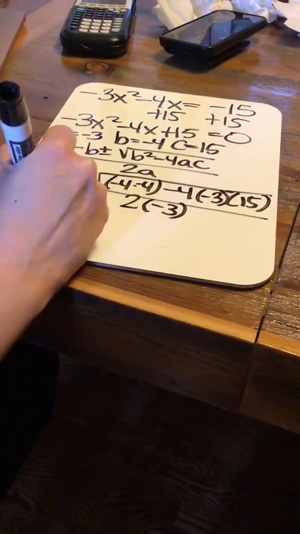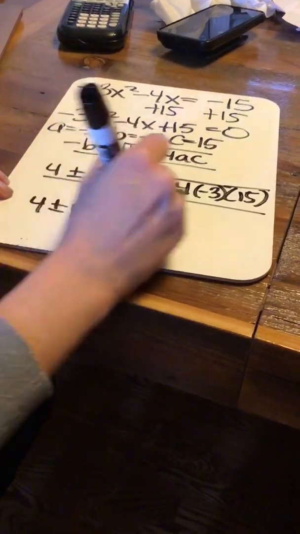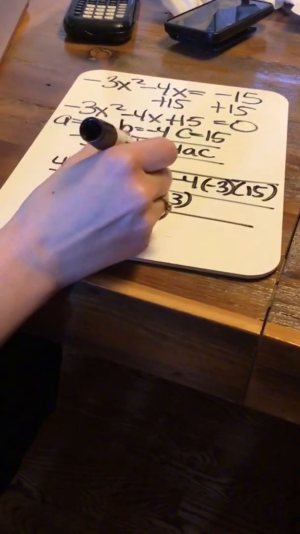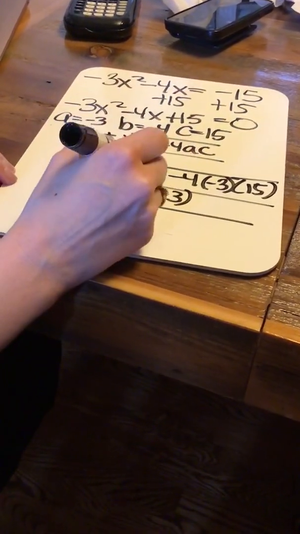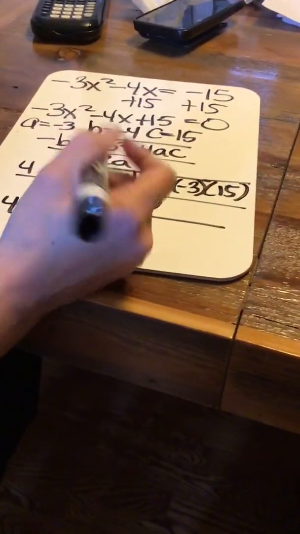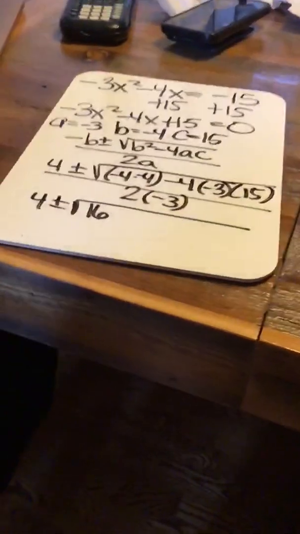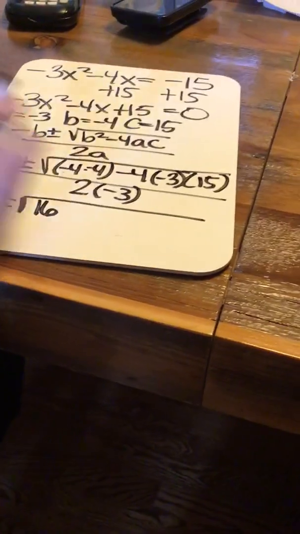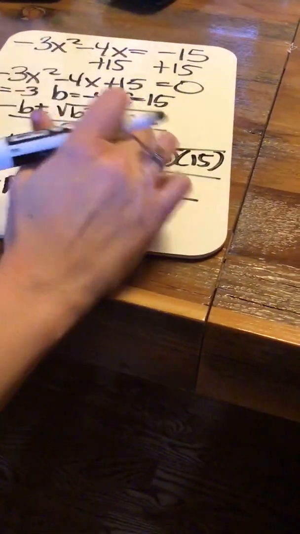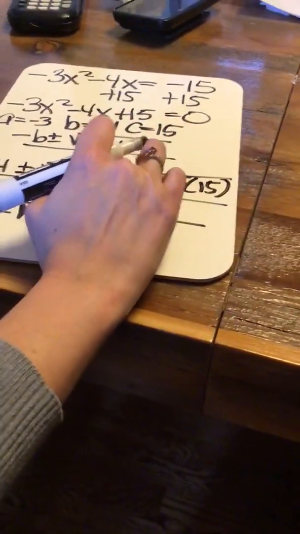So remember, I told you that the biggest place people make mistakes is in their signs. This piece, because it's a b squared, is always going to turn into a positive because I'll always have either 2 negatives or 2 positives. So this piece is 16. Positive times a positive is a positive, negative times a negative is a positive. So I counted them. There's 2. Now I'm going to do the same thing for this piece. I'm going to count them. 1, 2.